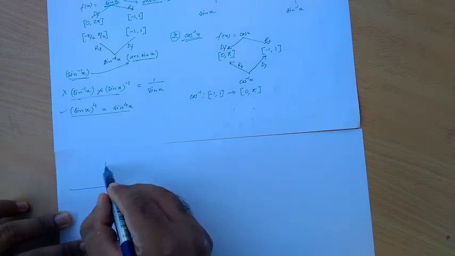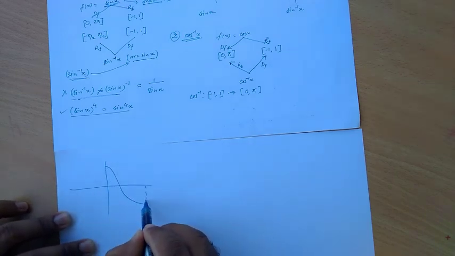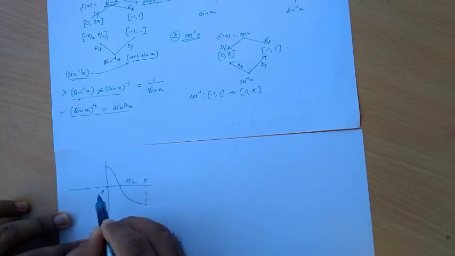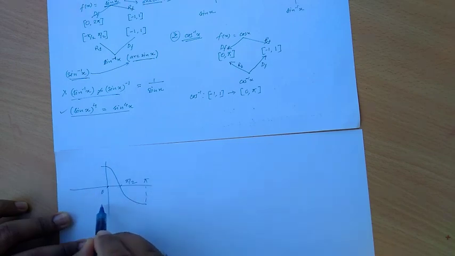Cos inverse can be defined like this. This is pi, this is pi by 2, and this is 0. This is 1, this is -1.